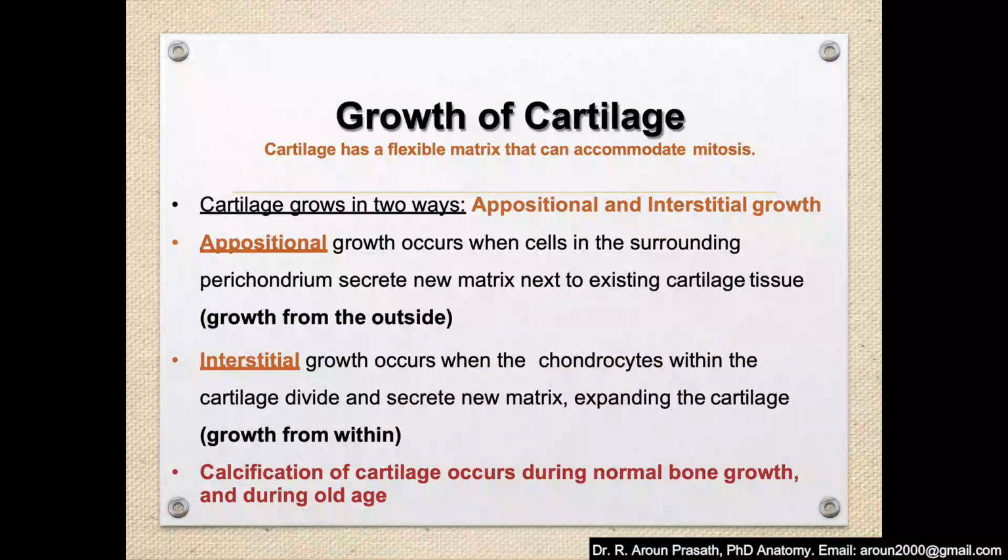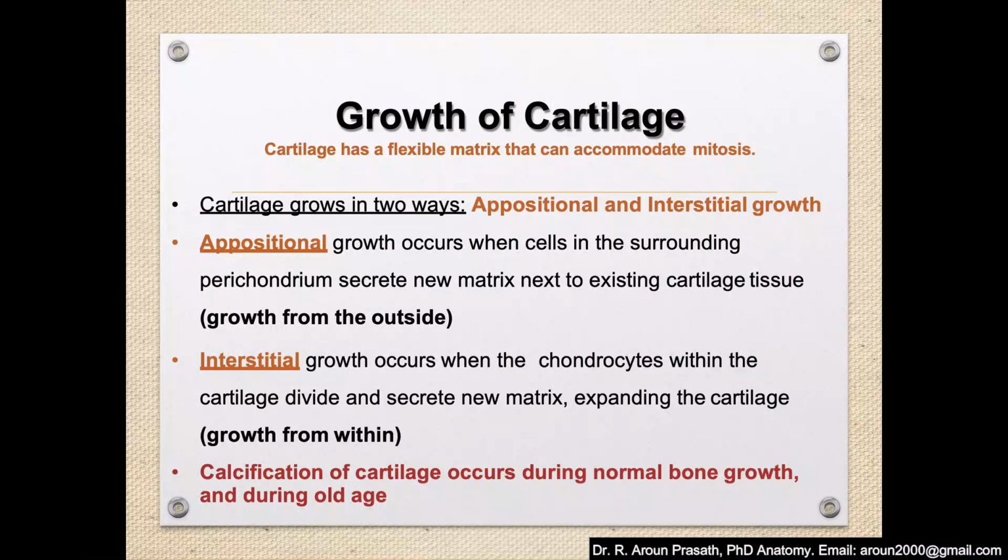Coming to the growth of cartilage, there are two types of growth: appositional growth and interstitial growth. The appositional growth takes place from the perichondrium surface, that is, from the outermost surface. The cells keep multiplying and the cartilage grows.